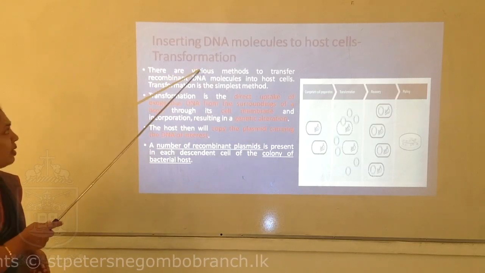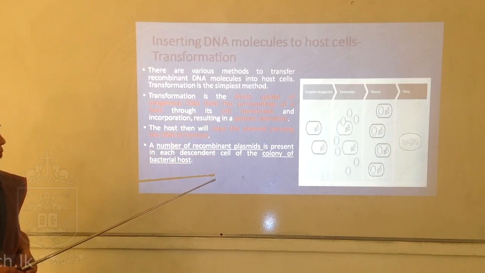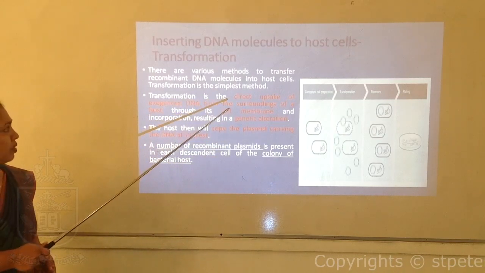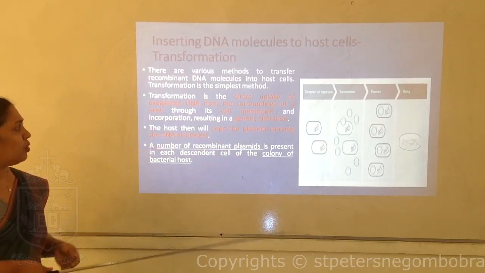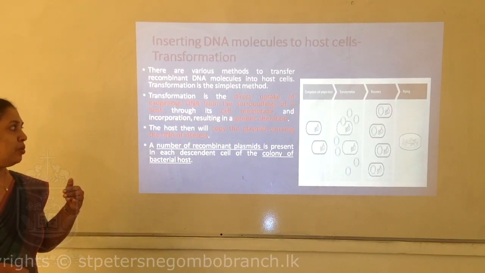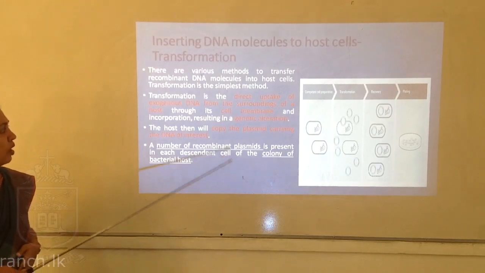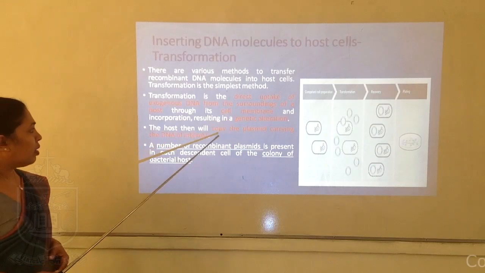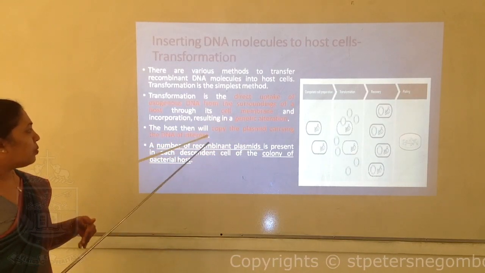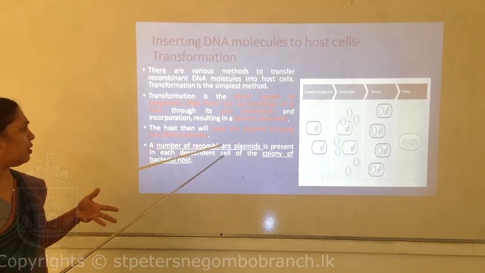The simplest method is transformation, but we are using the direct uptake because the cell membrane has an ability to integrate the DNA. So that ability is used to carry the DNA into that particular cell. So then the host copies the plasmid carrying the DNA of interest.